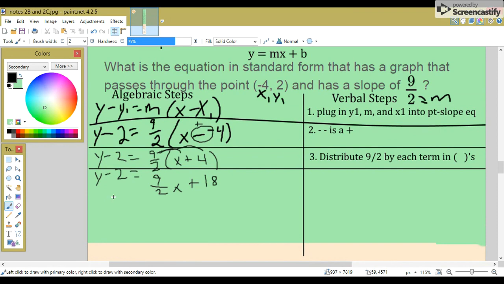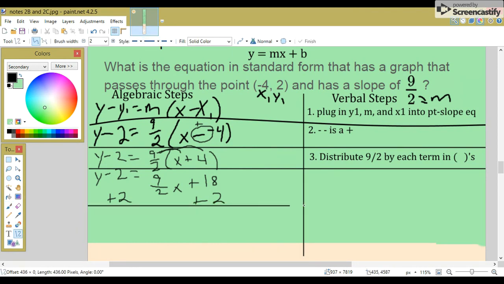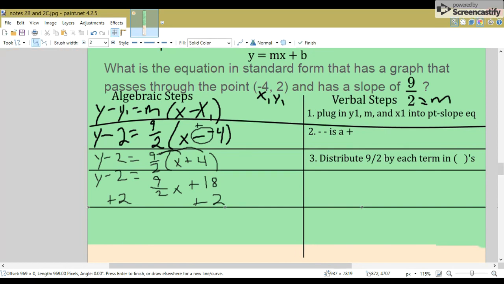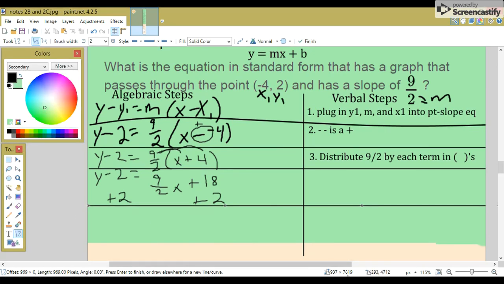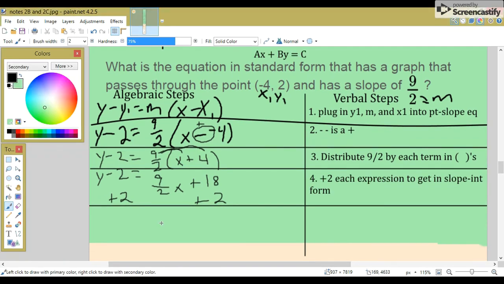From here, we want to add 2 to each expression to get y by itself and put it in slope-intercept form. We want this in standard form, so we have to keep going.